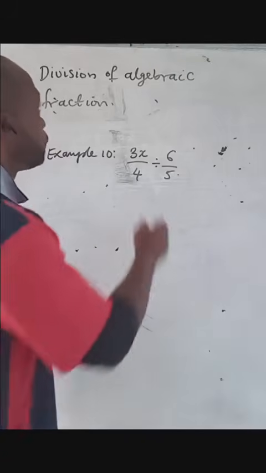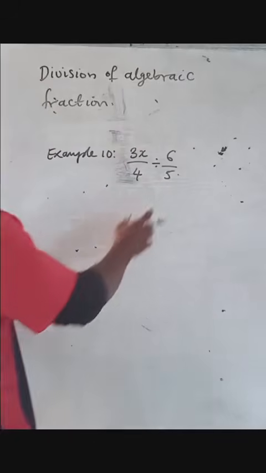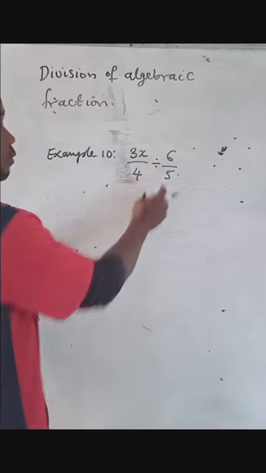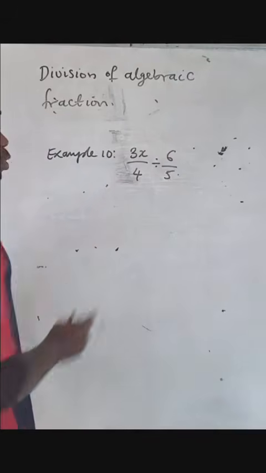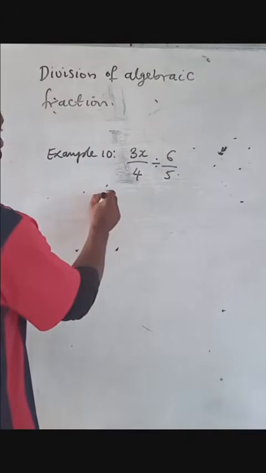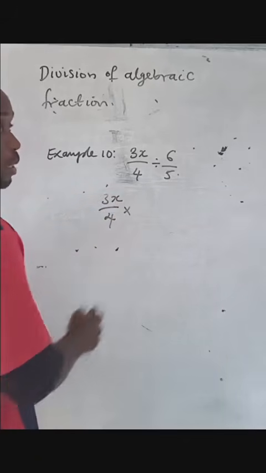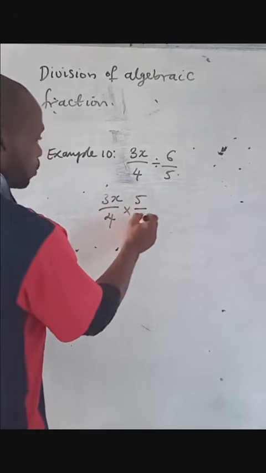Example 10, division of algebraic fraction. So when you come across this type of fraction where 3x all over 4 is dividing 6 all over 5, what do you do? This expression can also be expressed as 3x all over 4 multiplied by the reciprocal of 6 over 5, which is 5 all over 6.